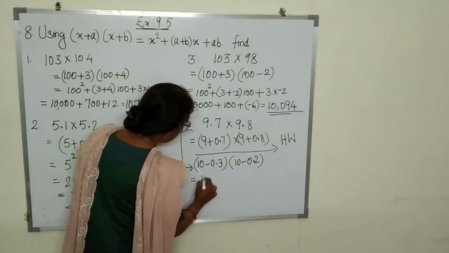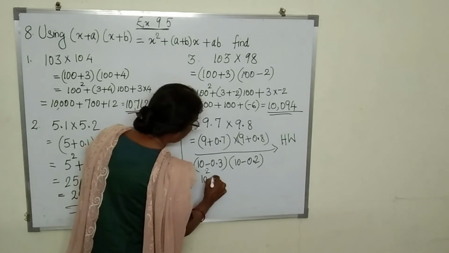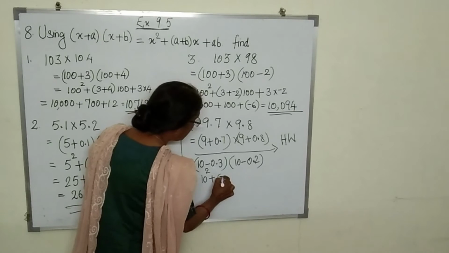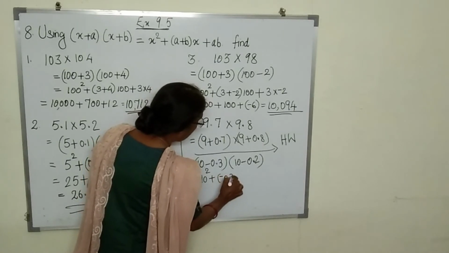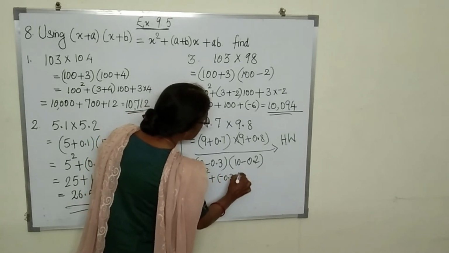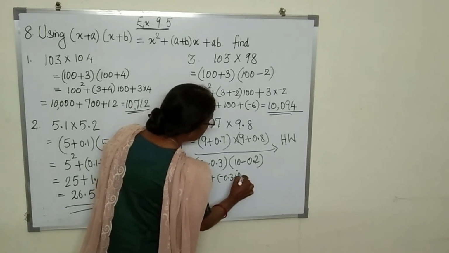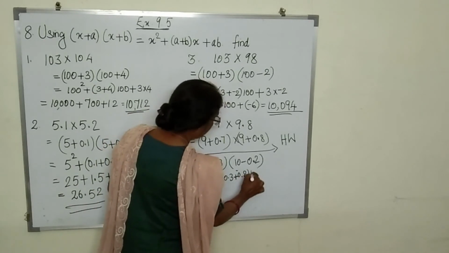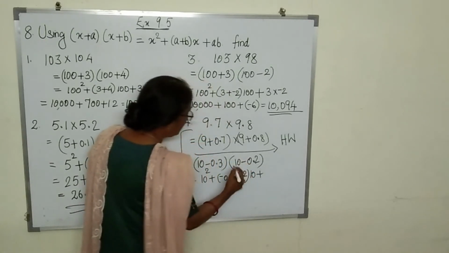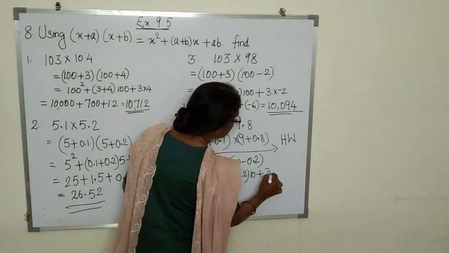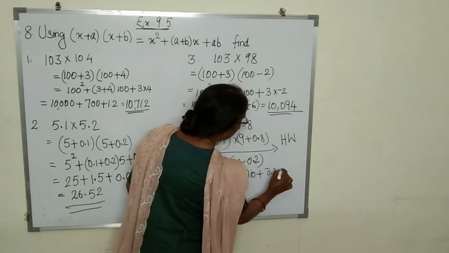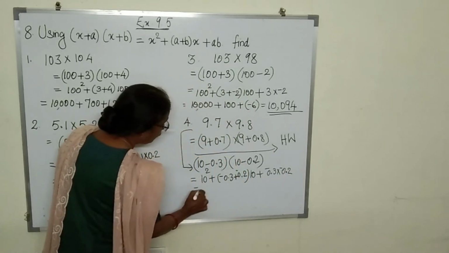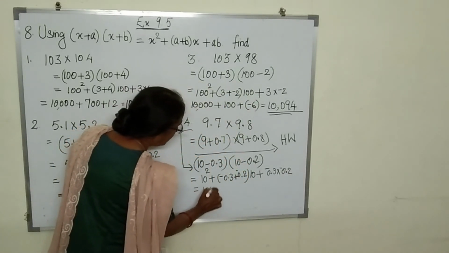10. So 10 square plus, what is a and b here? a is minus 0.3 and b is minus 0.2. x is 10 plus again minus 0.3 into minus 0.2. So what will you get? 10 tens are 100.